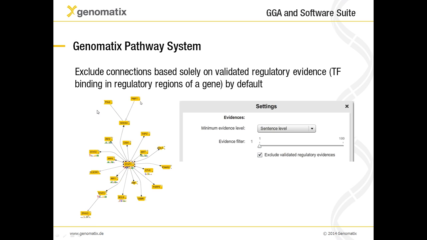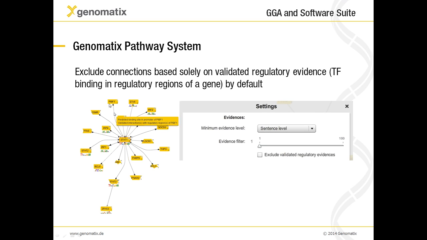And we have three nodes here that are not connected directly, and the reason is that we do not show any connections that are based only on validated regulatory evidences. If we change that and recalculate the network, then we get the direct connections here as well, which are shown here to have, in the end, no co-citations but validated interactions.